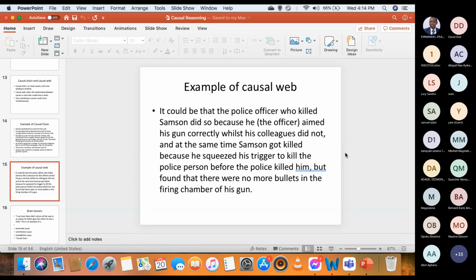So you have to look out for a chain of events for you to know it's a causal chain. But if it is not a chain of events, if it's just a single event, an advice, you still have to ask yourself if it looks like a causal chain.